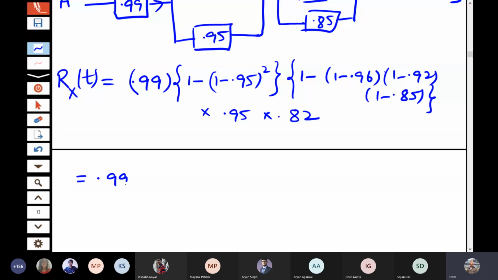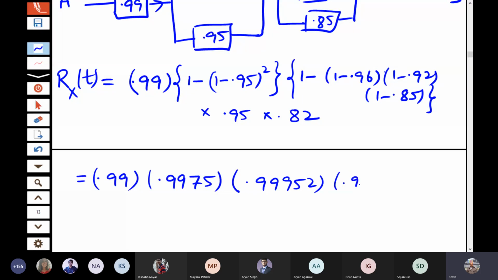That is 0.99 into the second one, which becomes 0.9975. Then the third one becomes 0.99952, and then you have 0.95 and 0.82. After calculation you can easily check.